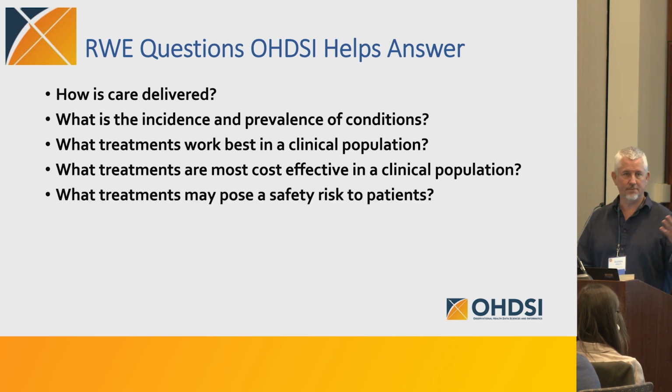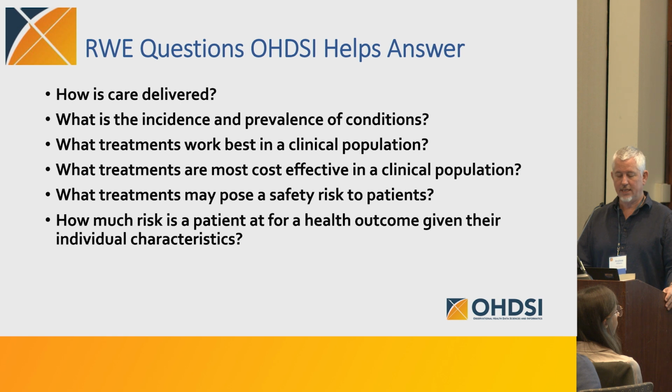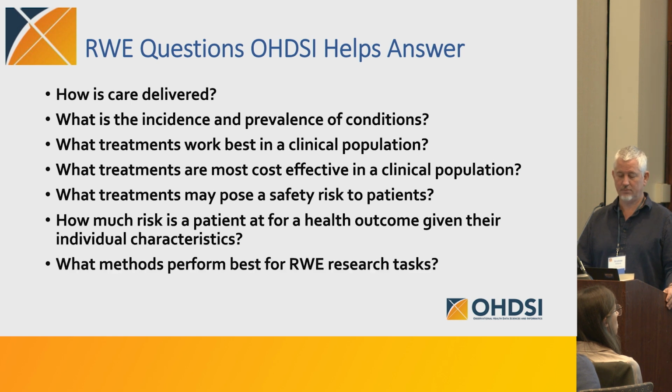And you can do surveillance of adverse events, either from pharmacological interventions, device interventions, and so on. So what treatments may pose safety risk to populations. And then there's a fabulous infrastructure for doing prediction models, individualized prediction models that use this rich kind of data to understand the risk of outcomes for given individuals, given their specific characteristics.